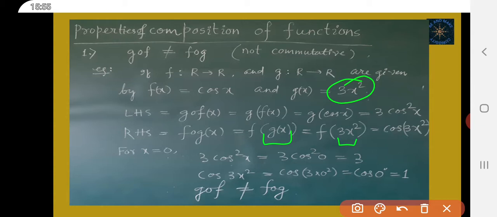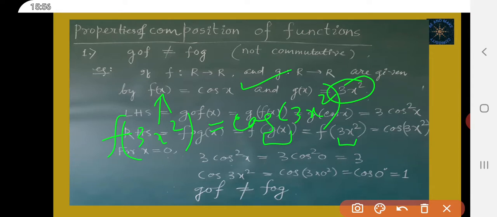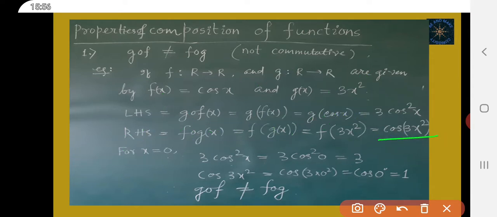Now you can write F of 3x square, where F of X is equal to cos X. So F of 3x square is equal to cos 3x square. So here you have cos 3x square.